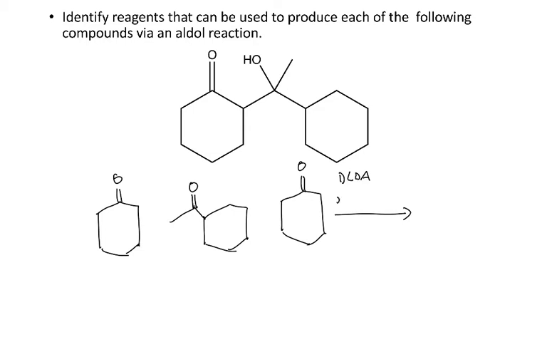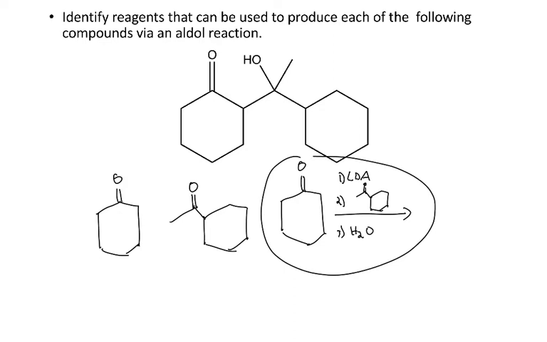Then we can do the dropwise addition of the other ketone that we want to act as the electrophile. And then we need to finish it off with a water workup, because the presence of this really strong base, LDA, is going to deprotonate our alcohol, and so we need to add water to reprotonate and get rid of that alkoxide ion. And so these would be the reactants that I would need in order to create this addition product.